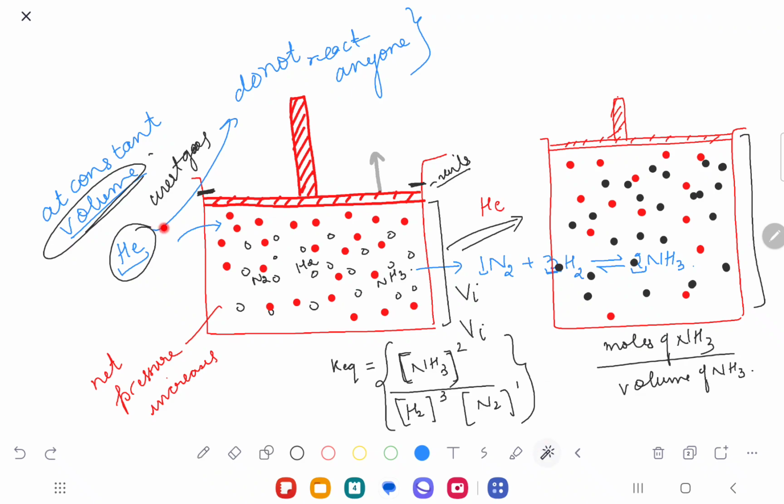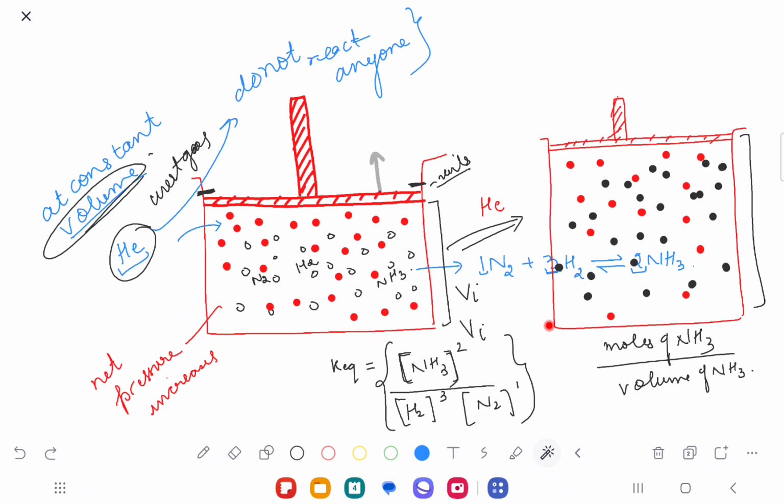It means that helium will not make any changes in the concentration of any of the reactants or any of the products. If the concentration of any one of them falls, it's like taking out ammonia from the beaker. Or if I reduce the concentration of H2, that would mean a reduction in the concentration of H2.